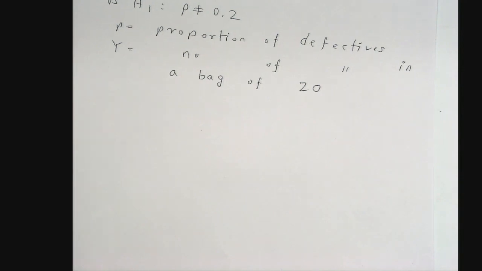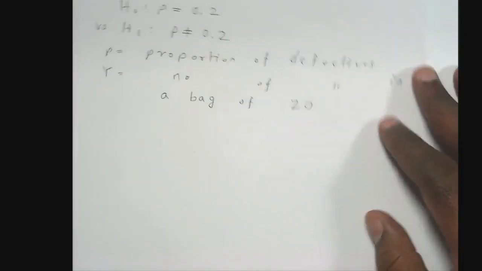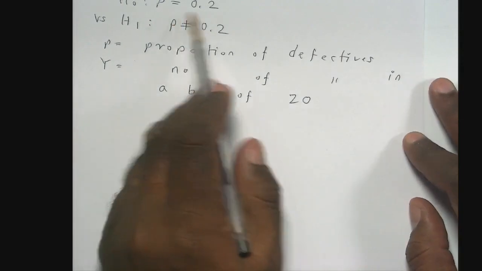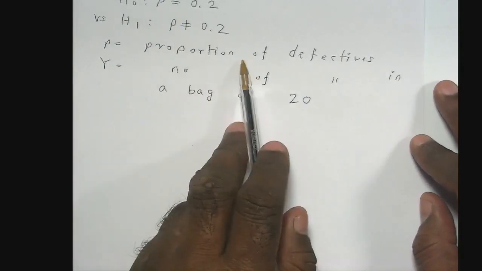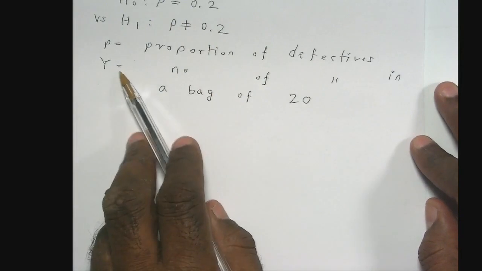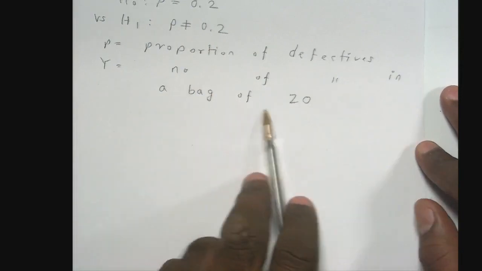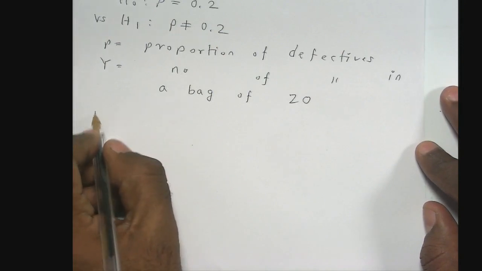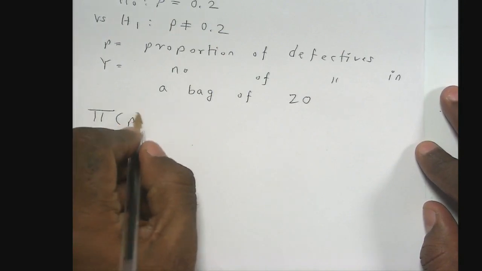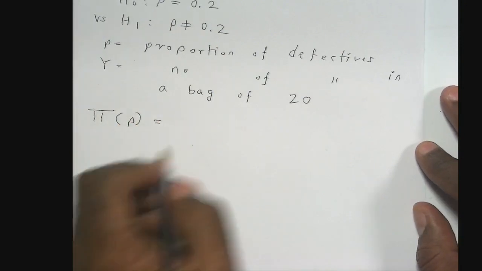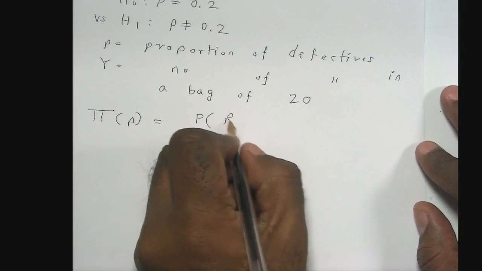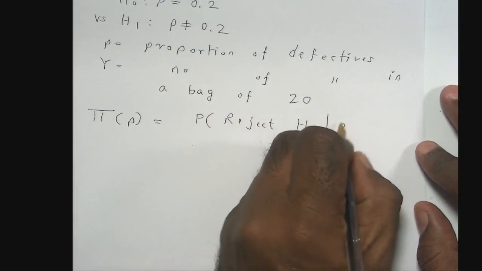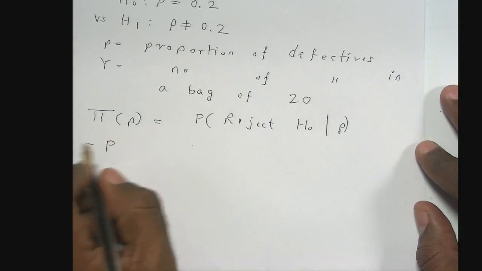Alright guys, so let me show you how to do question 1. You're testing this versus this, where P is the proportion of defectives and Y denotes the number of defectives in a bag of 20, right? Now the question is to find the power function at P, which is the probability of rejecting H0 given the value for P. Now you should read the question guys.